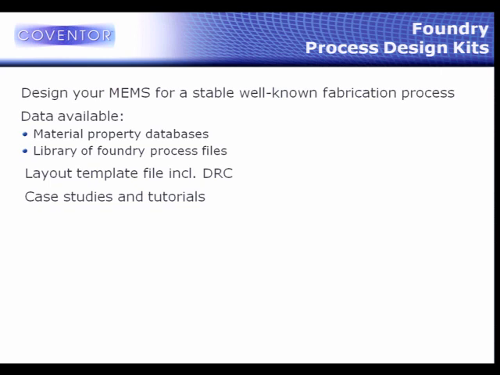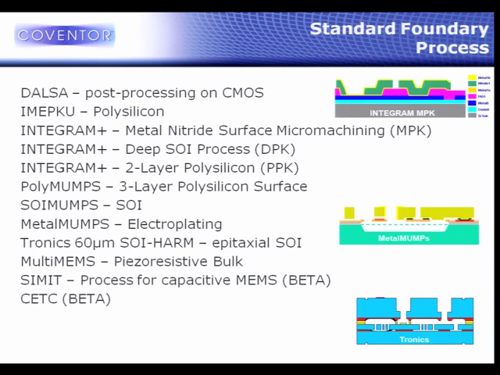There's also a layout template that has all the layers needed for that foundry process, and some case studies and tutorials. So here's the list of foundry processes that ship with CoventorWare. If you're getting started, this is a good place to start, or to learn about MEMS by looking at other people's processes.